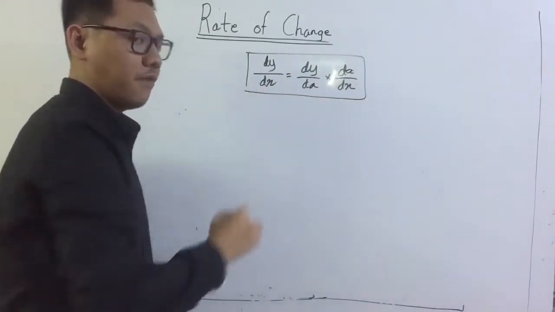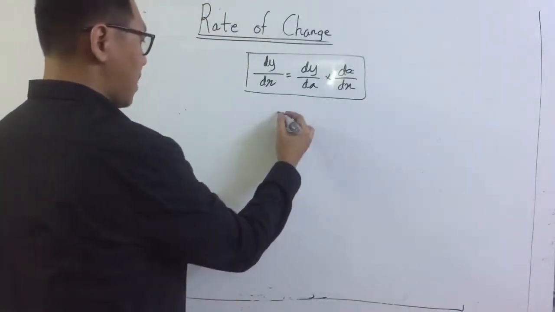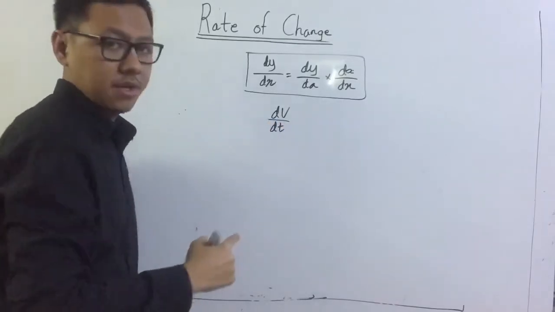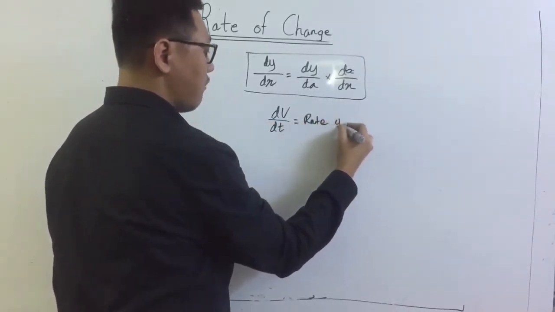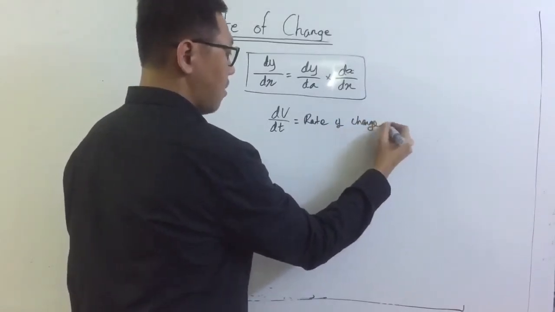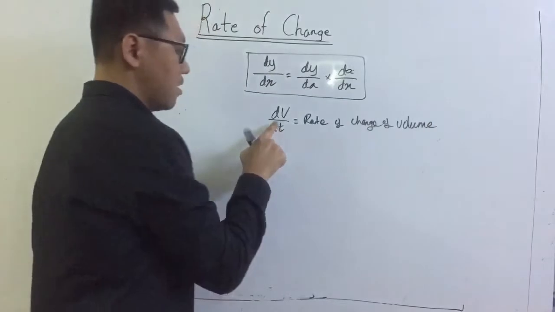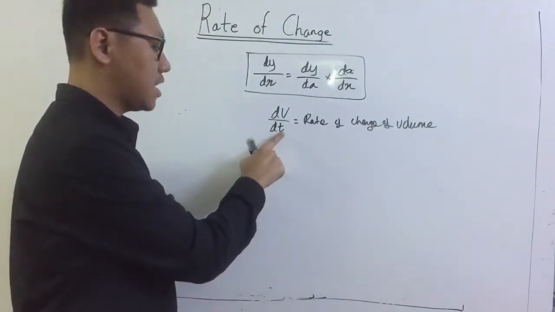So we're gonna use this for calculating rate of change. I'm gonna write down dV by dt, and I'm gonna tell you the meaning of this, which is rate of change of volume. Because the volume is changing with time, that's why they say t is time.